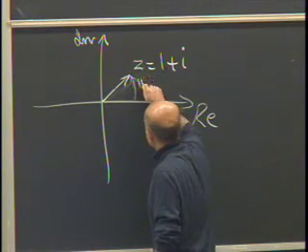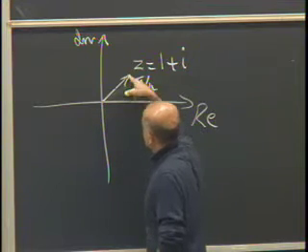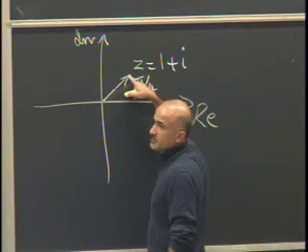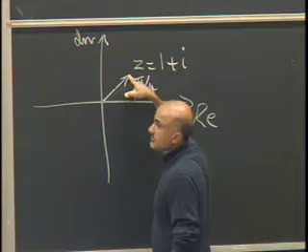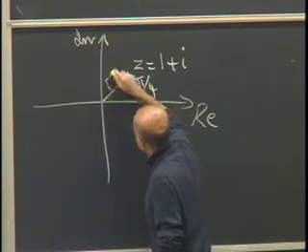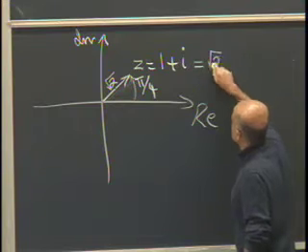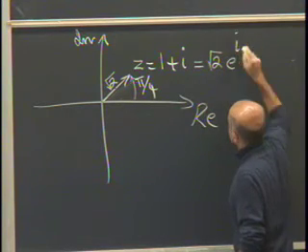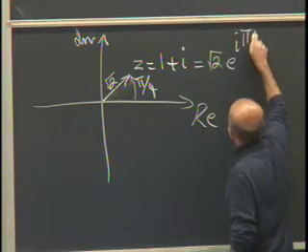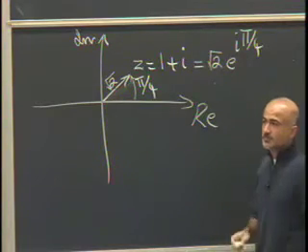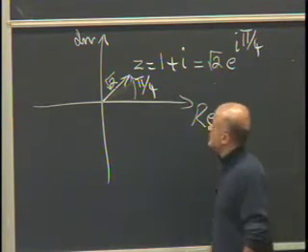Or pi over 4. And what's the radius? It's root 2. So, in other words, the polar representation of this number is e to the I pi over 4 times root 2. Okay? Now multiply this number by I.